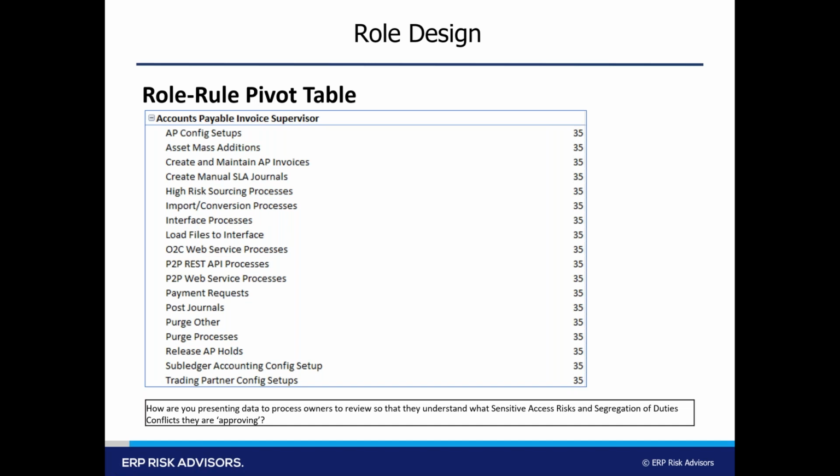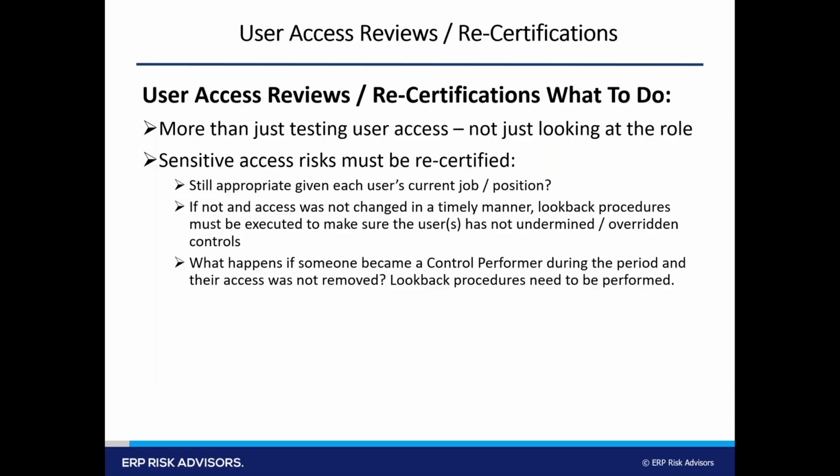If they don't understand this level of detail, then their user access review, the recertification, is not precise enough, and effectively your control is ineffective. I mean, that's what the PCAOB is expecting, that the external auditors are expecting from you as clients.